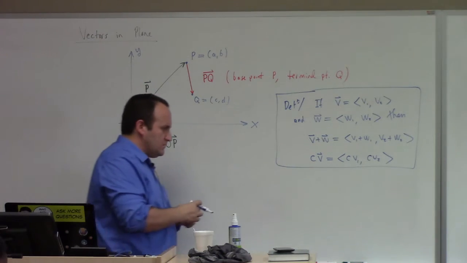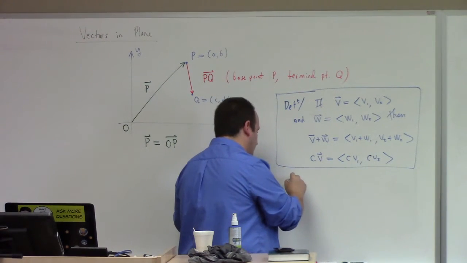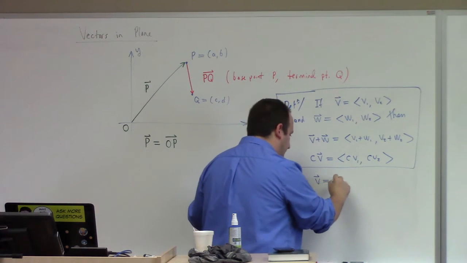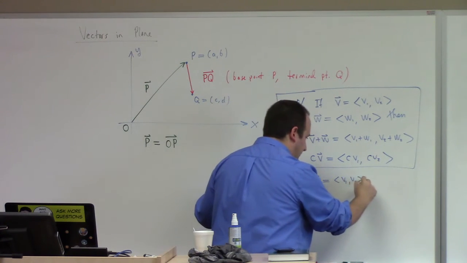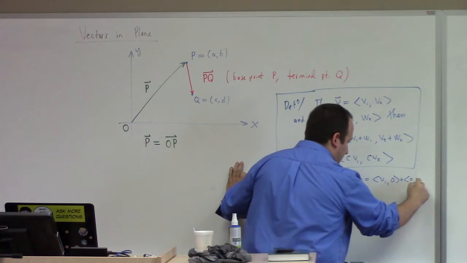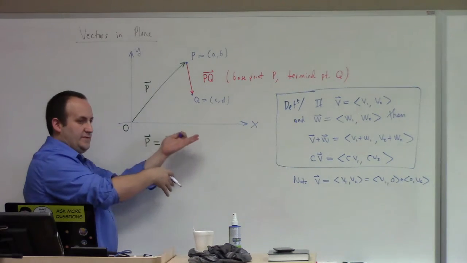Let me picture for you also what's going on here. So to get back to the geometry again, the way this works is we can rewrite (V1, V2) as (V1, 0) plus (0, V2), right? That is this definition.